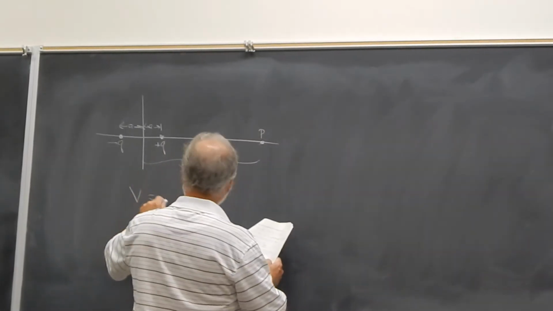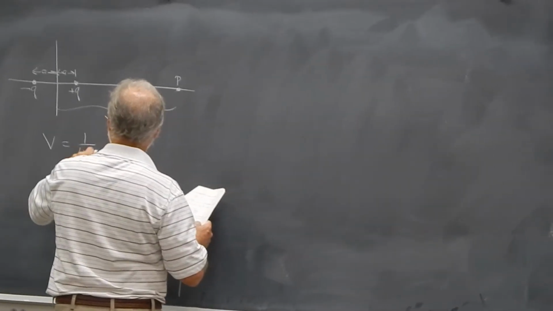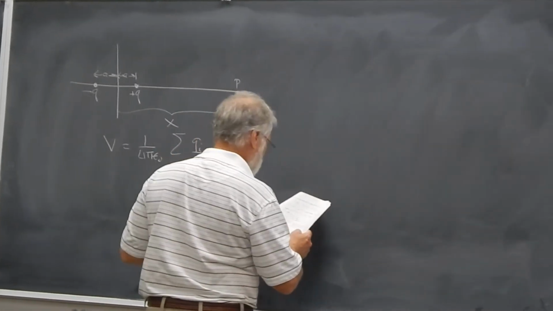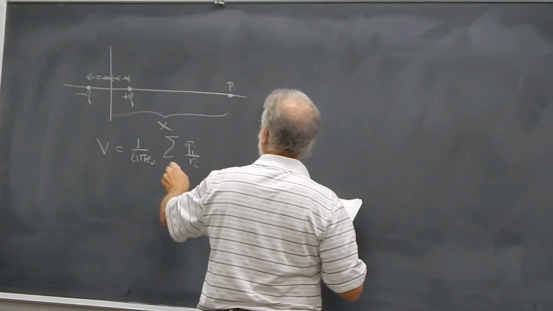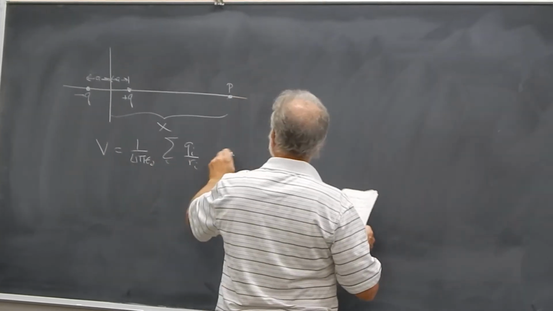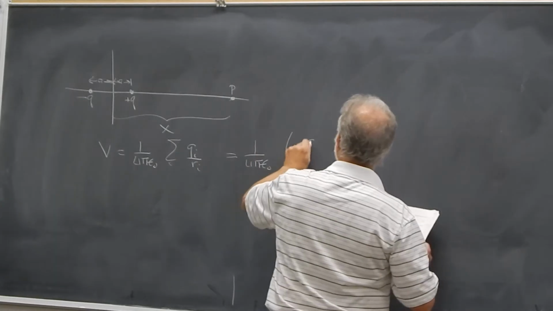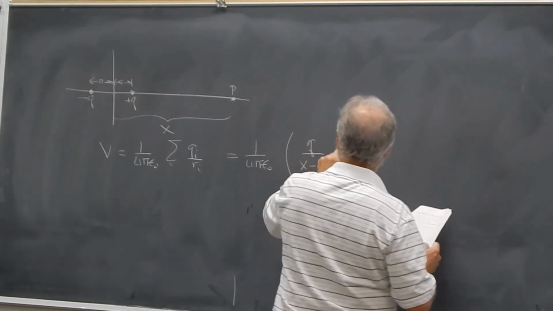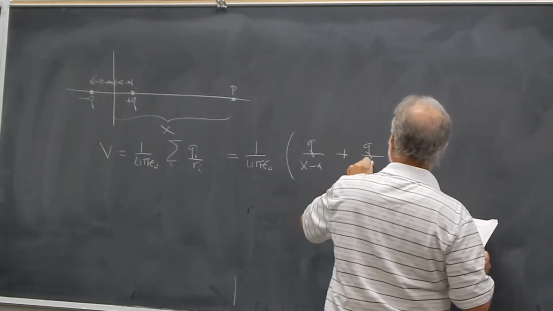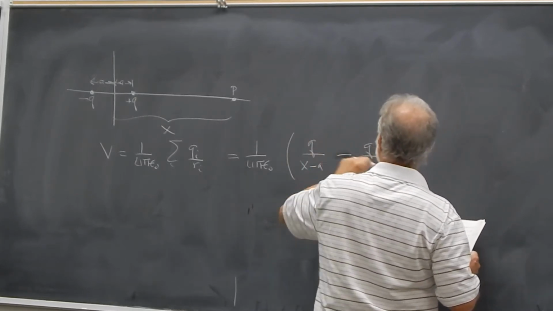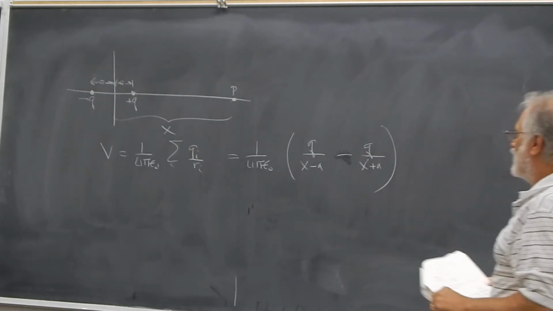Well, the electric potential is just going to be 1 over 4 pi epsilon naught sum over i of q_i over r_i, which I can write as 1 over 4 pi epsilon naught times q over x minus a plus q over x minus q over x plus a.